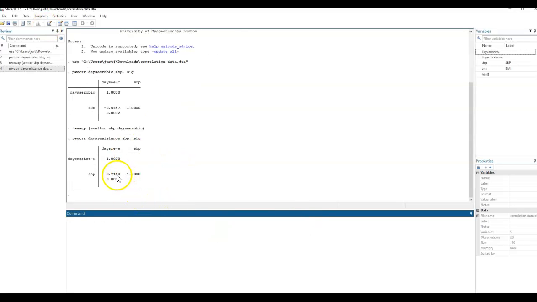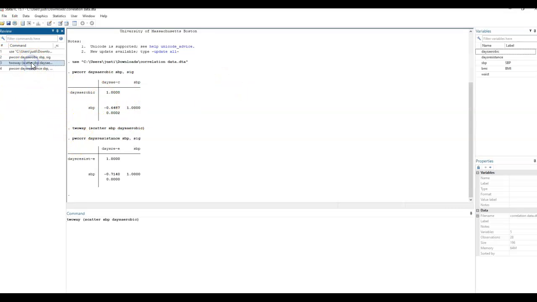So in this case, we could see that the relationship is negative, it is significant, and it's a strong relationship. So in this case, just for this data, the correlation with systolic blood pressure is actually stronger for resistance training than it was for aerobic training.